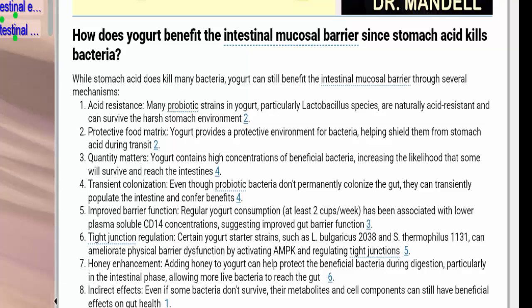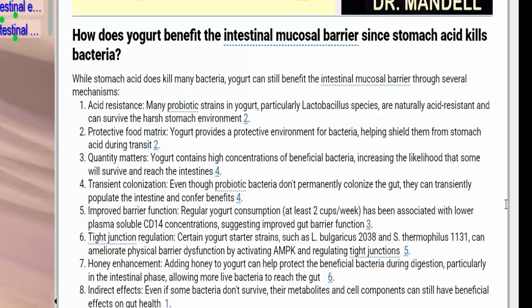Regular yogurt consumption, at least 2 cups a week, has been associated with lower plasma-soluble CD14 concentrations, suggesting improved gut barrier function. Now I'll point out, you see the numbers here, those are links to studies and research articles that you can read that back all this stuff up.